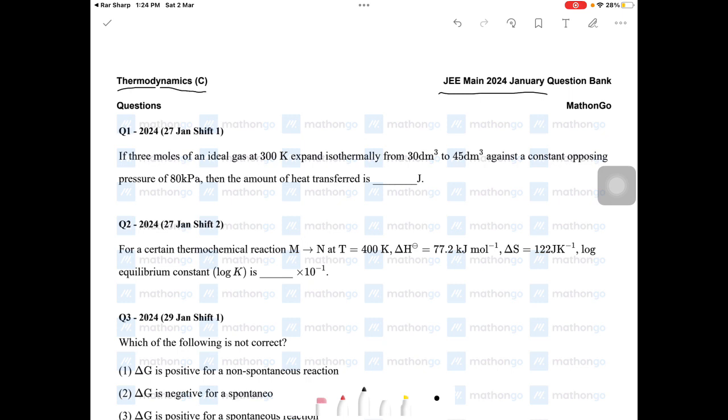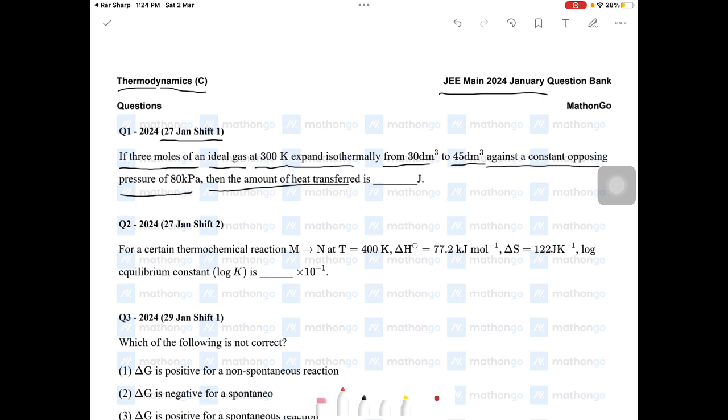First question, asked in 27th Jan shift 1: if 3 moles of an ideal gas at 300 kelvins expand isothermally from 30 decimeter cubed to 45 decimeter cubed against a constant opposing pressure of 80 kilopascal, then the amount of heat transferred is.